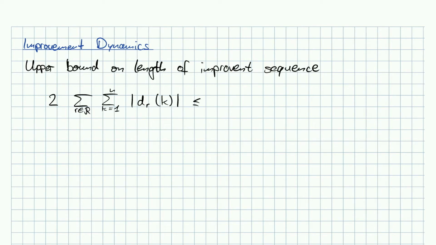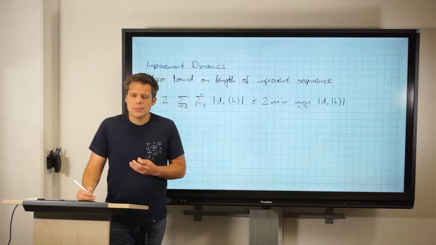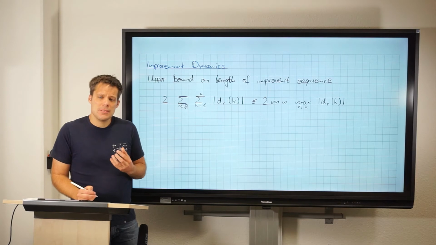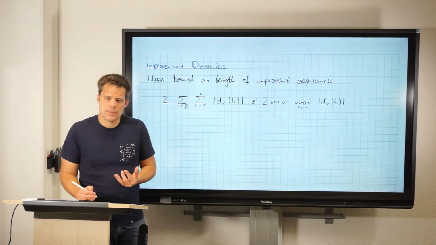Or alternatively, we could say this is 2 times the number of resources times the number of players times the maximum value over all r and k of the absolute value of d_r of k. So this means we are talking about the highest absolute value that any delay function ever takes.